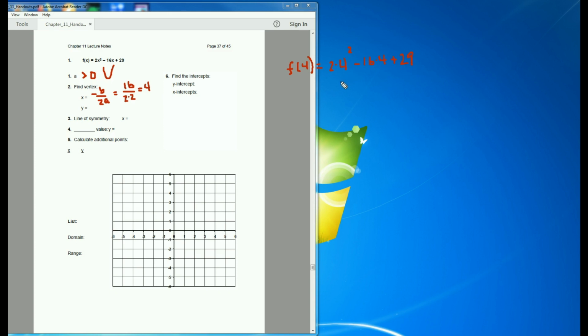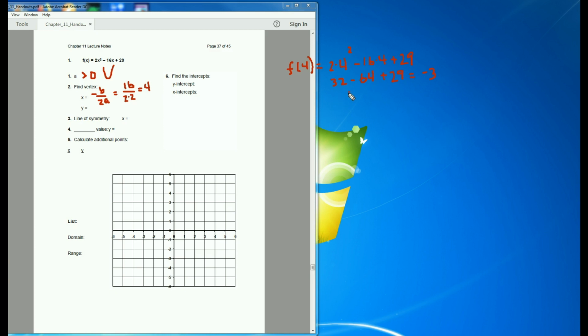So what is this? 4 squared is 16. 2 times that is 32. 16 times 4 is 64, so 32 minus 64 plus 29. And if you add all that up, it should come out to negative 3. So y equals negative 3.